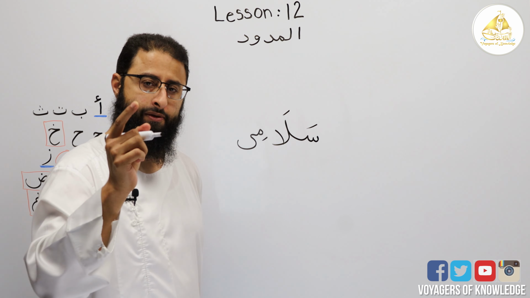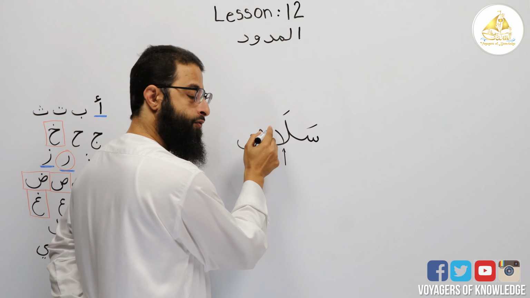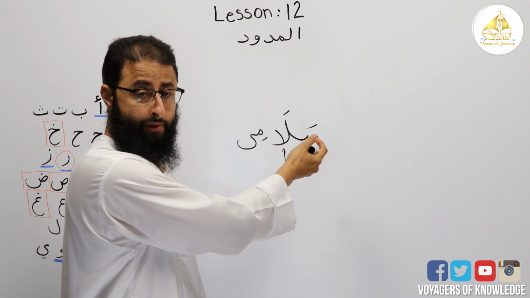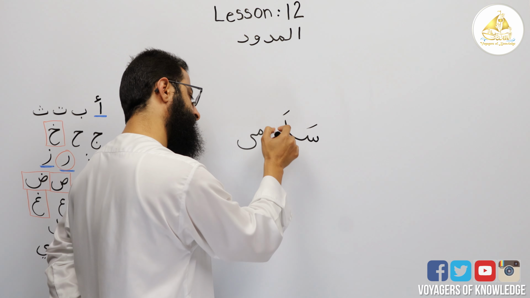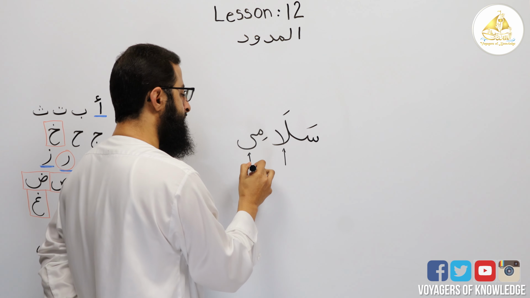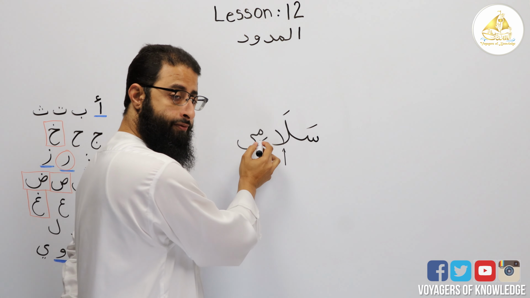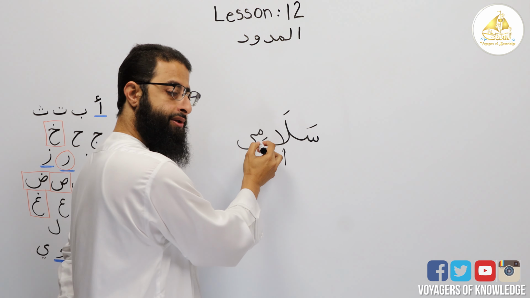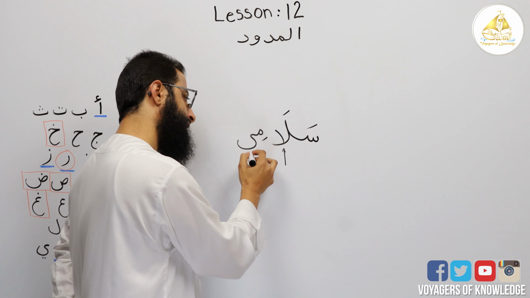The first vowel is here, the alif. Alif with sukoon, fatha before it. So this fatha is going to be longer because of the appearance of this vowel alif. The second vowel is here, the ya. It has sukoon, there's a kasra before it. So we're going to make the kasra sound on the meem longer because of the appearance of the ya.